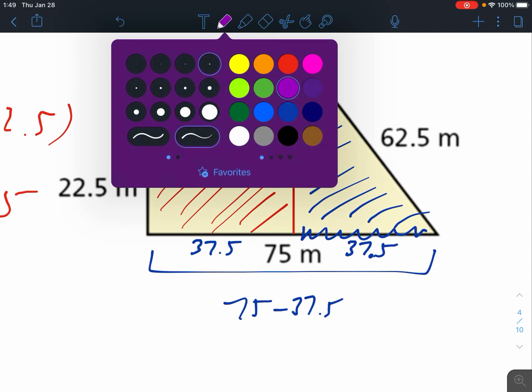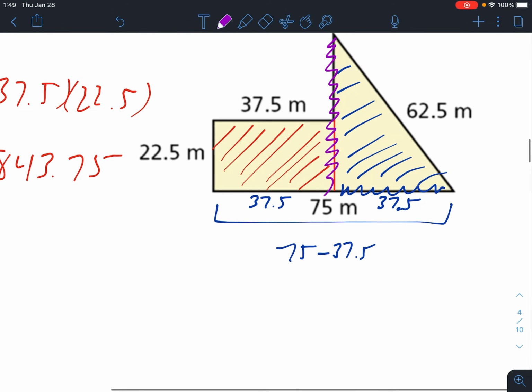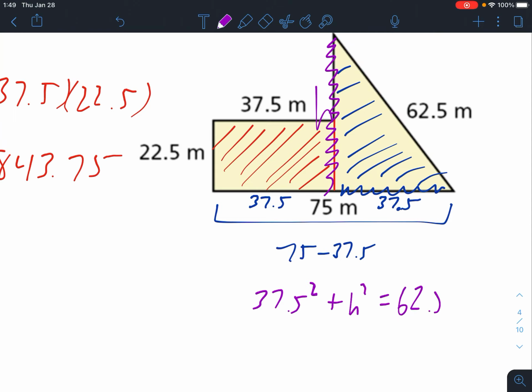And now to get the height, we need to do Pythagorean theorem. So 37.5 squared plus, we'll call this h for height, plus h squared equals 62.5 squared.